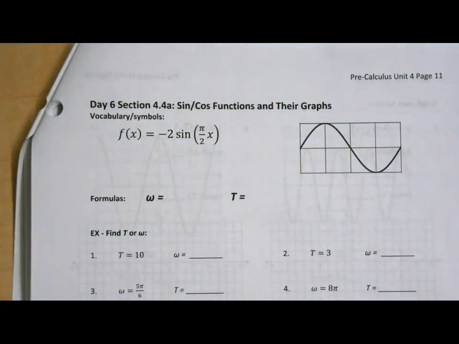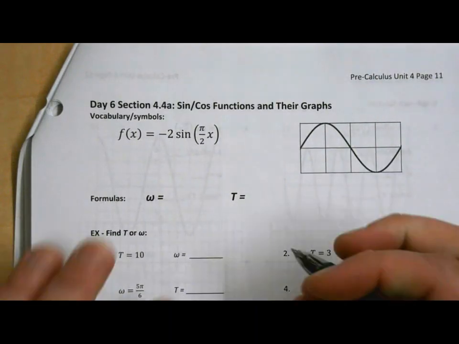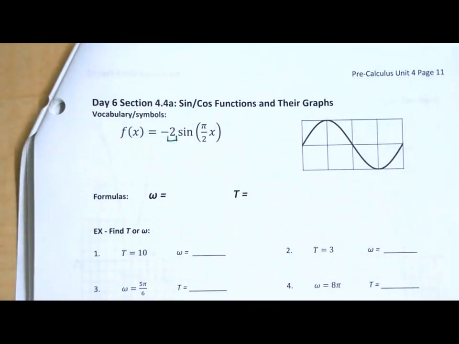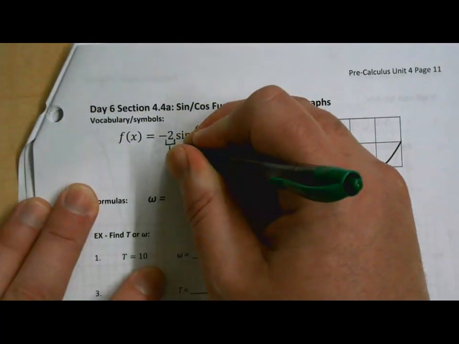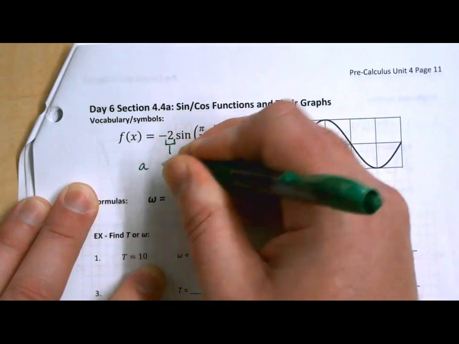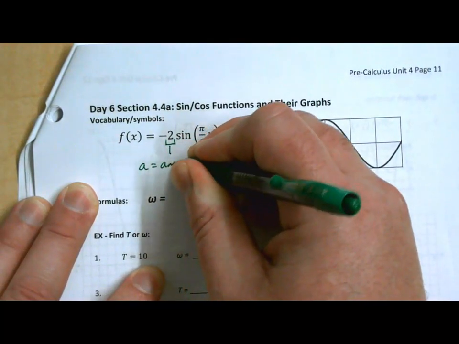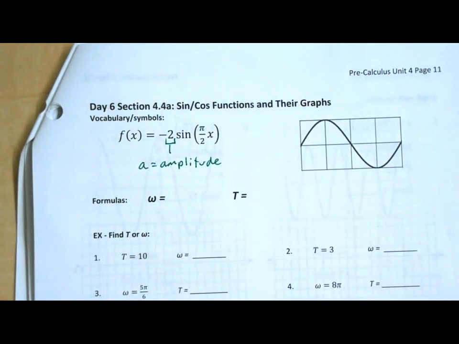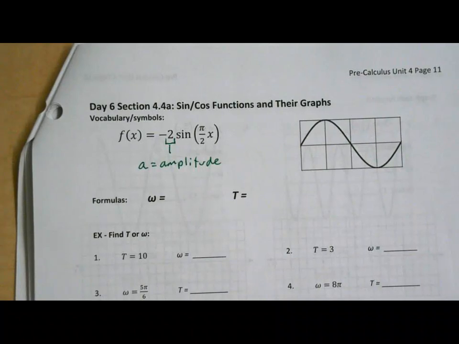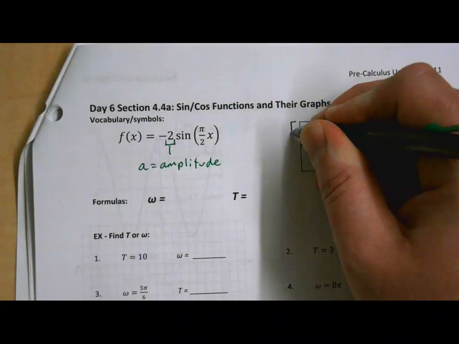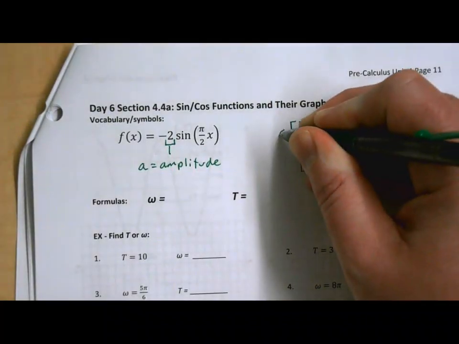A little bit of vocabulary for you. Let's talk about the equation first. This coefficient that sits in front of your sine or cosine is called our amplitude, and we usually denote it with an A. And that shows up on our graph right here.